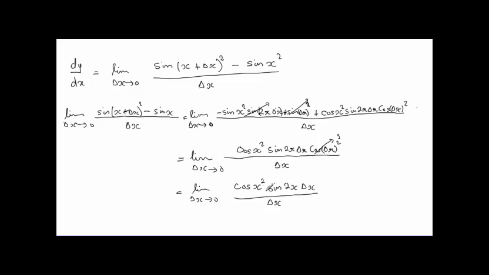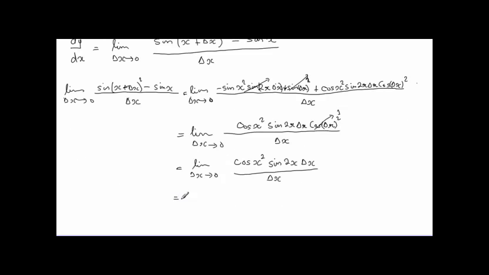Now at this point you can see that cos here does not depend on delta x. So what you can do, you can use the properties of limit and take it outside the limit, and you've got the following. You can write this as cos x squared multiplied by the limit as delta x is going to 0 of sine 2x delta x all over delta x.